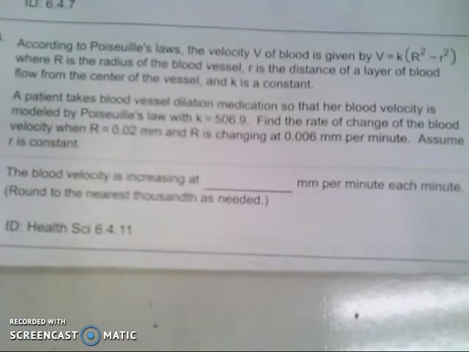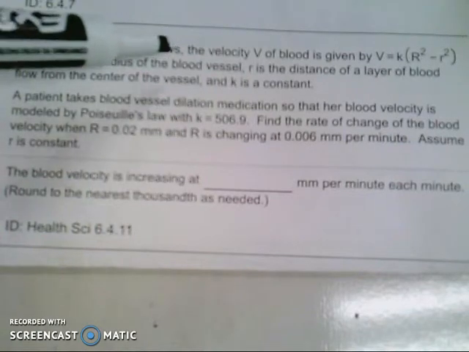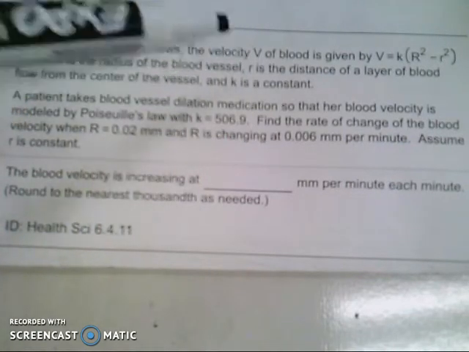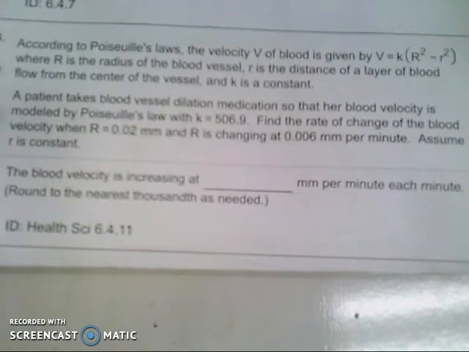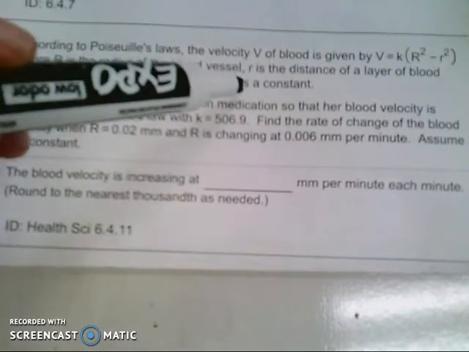All right, so this problem is our first application problem. It says, according to Poiseuille's law, the velocity of blood is given by the equation V equals K times (R squared minus r squared), where capital R is the radius of the blood vessel, r is the distance of a layer of blood flow from the center of the vessel, and K is a constant.